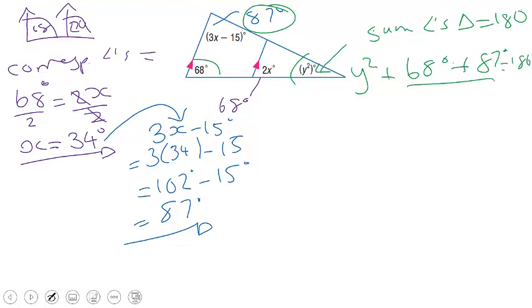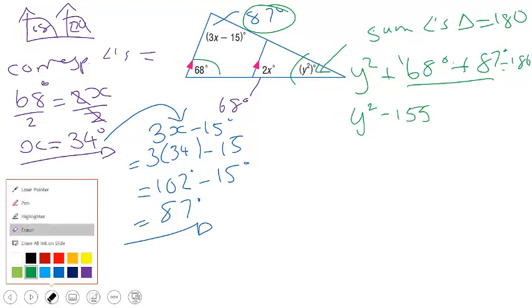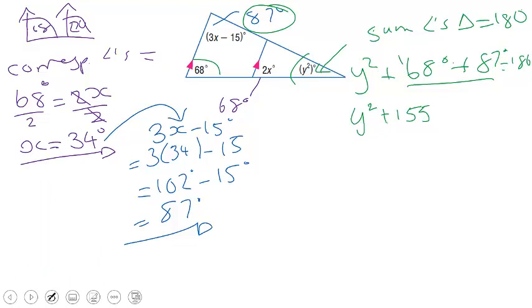And then I add those two together. 7 and 8 is 15, 5 carry 1. 8 and 6, or 8 and 7, is 15 again. 155. So that's y squared plus 155 degrees equals 180. Minus 155, minus 155. So y squared is equal to 100 minus 100 is 0, 80 minus 50 is 30, 30 minus 5 is 25 degrees.